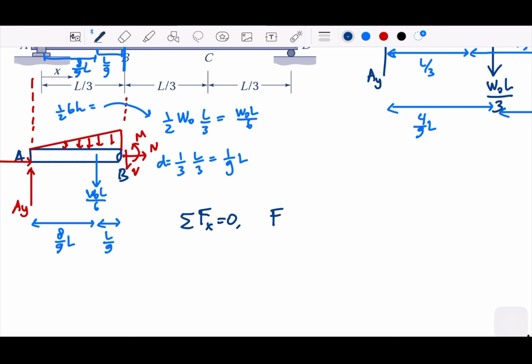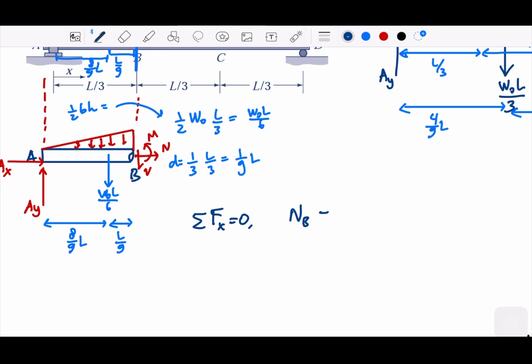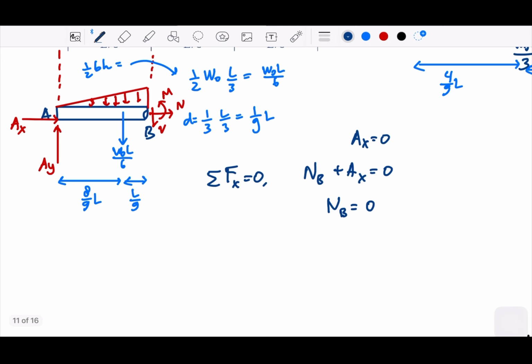So F or N at B plus Ax is equal to 0. So NB is 0 because Ax is 0. So no normal stress, no resultant in B for the x-axis.